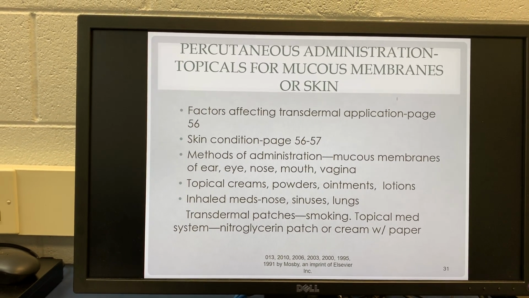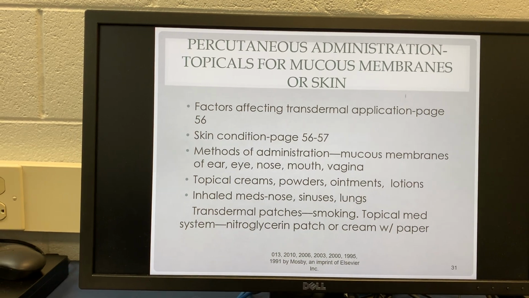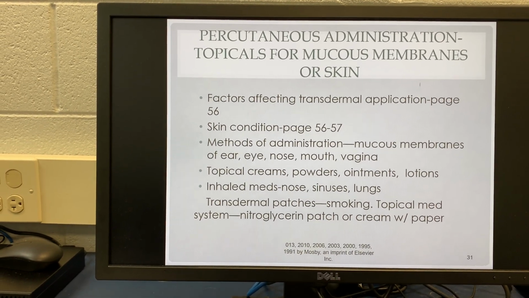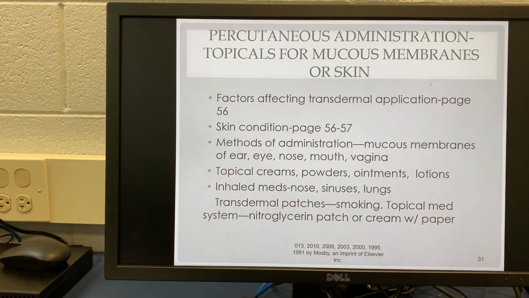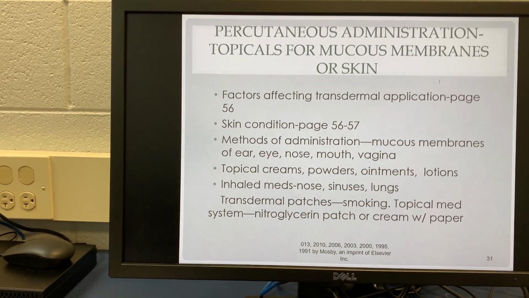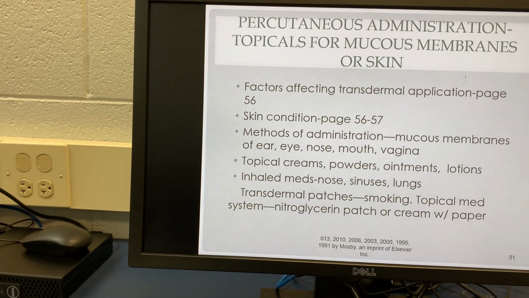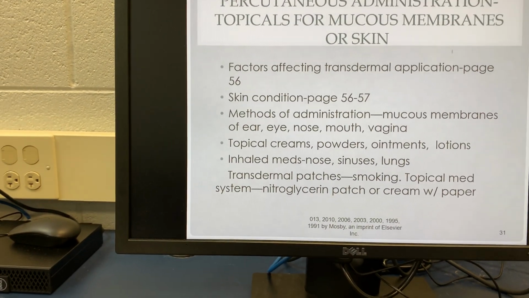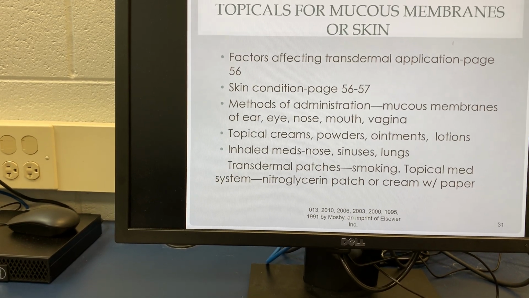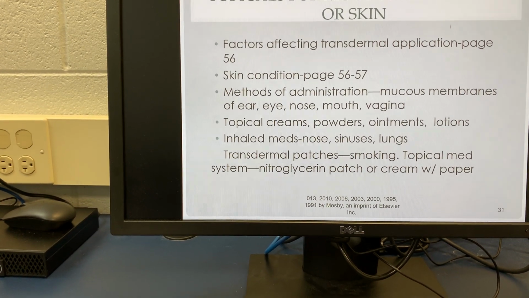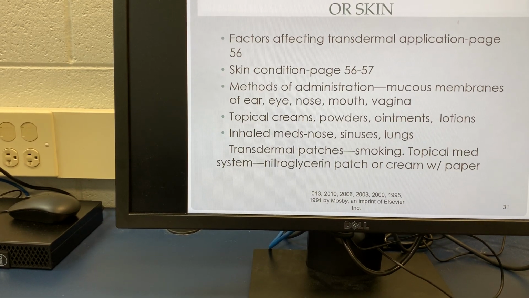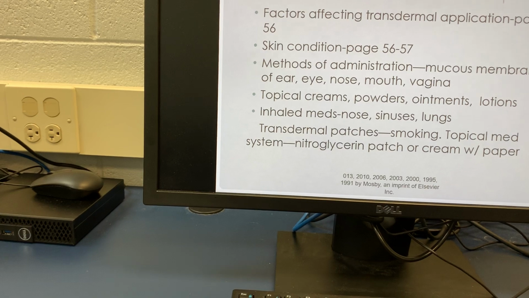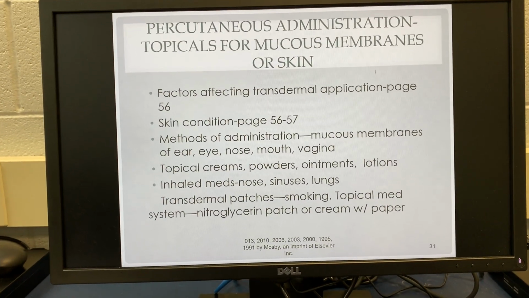Now, the ways you can apply a topical are mucous membranes. If it's not the skin, it's mucous membranes of the ear, eye, nose, mouth, and vagina. You also can do some topicals in the rectum, but once again, is this a medication that is only treating the rectal area, like Preparation H, that's made for hemorrhoids at the surface of the rectal area?